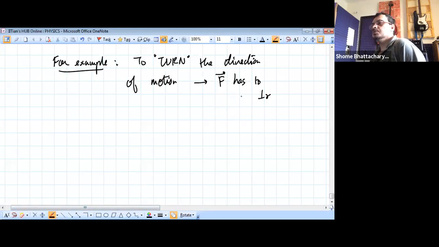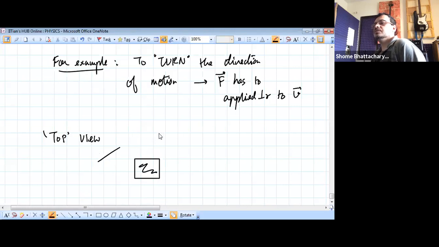So force has to be applied perpendicular to the velocity for it to turn. So for example, you're taking the top view of this. This is the surface on which the block is moving. This is the smooth surface. Now the block is already moving with a velocity vector like this.